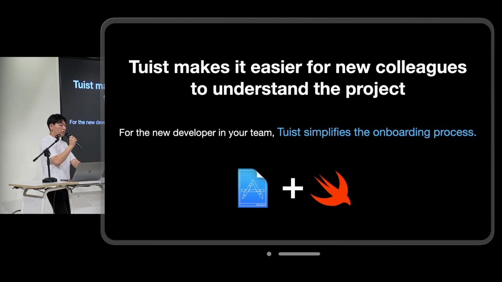Second, Tuist makes it easier for a new colleague to understand the project. For the new developer in your team, Tuist simplifies the onboarding process. It clearly defines the project structure, enabling new members to understand the entire project swiftly.